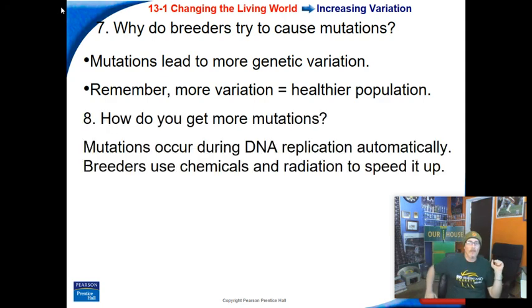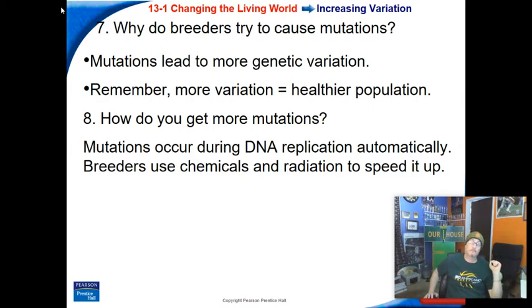All right, how do you get more mutations? So breeders, well, first of all, mutations occur during DNA replication automatically. Breeders use chemicals and radiation to speed it up. And of course, there are chemicals in our environment that speed up or increase the probability of getting mutations in your DNA.